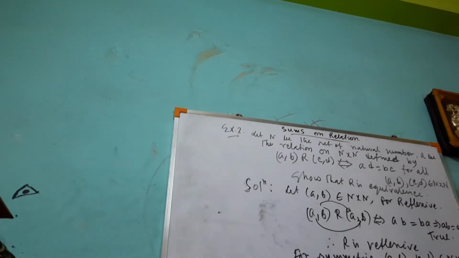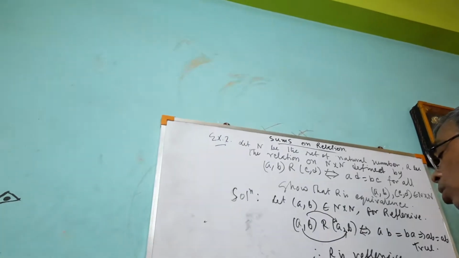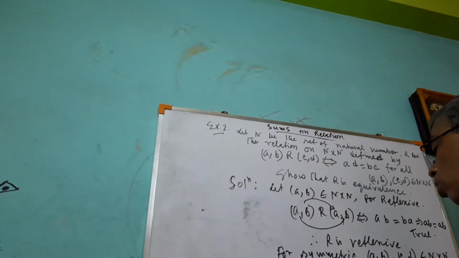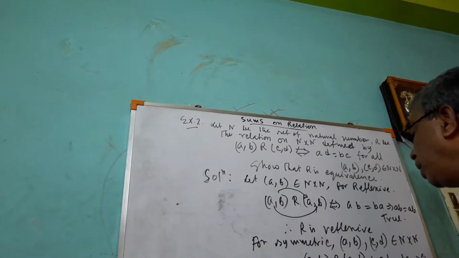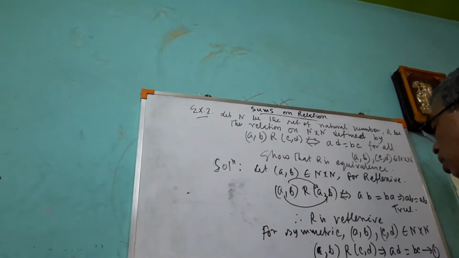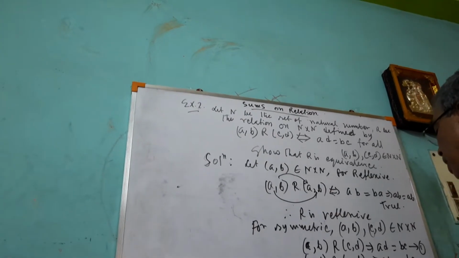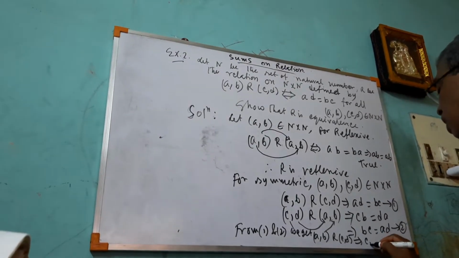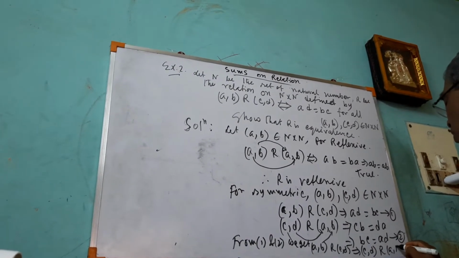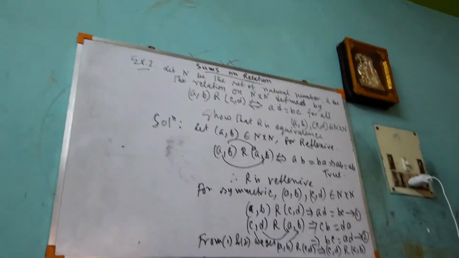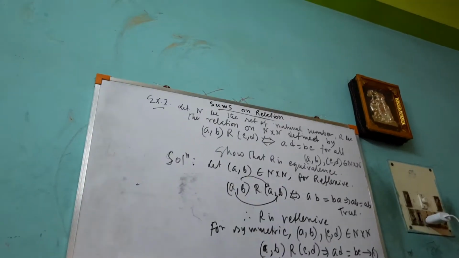So from 1 and 2 we get (a,b) R (c,d) implies (c,d) R (a,b). From 1 and 2, this equal to this equal to this.